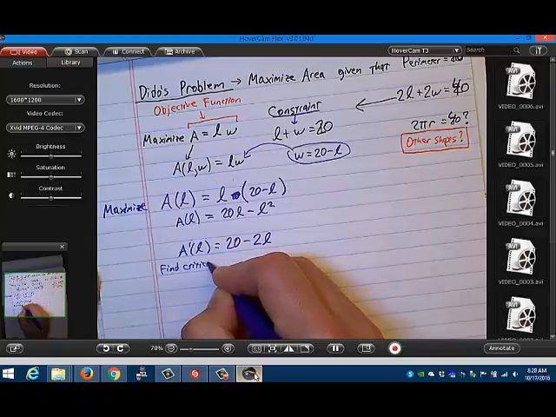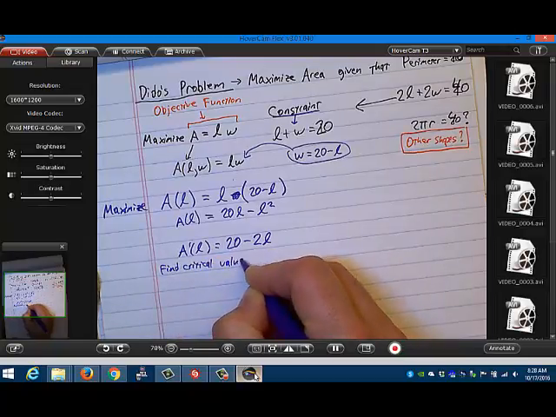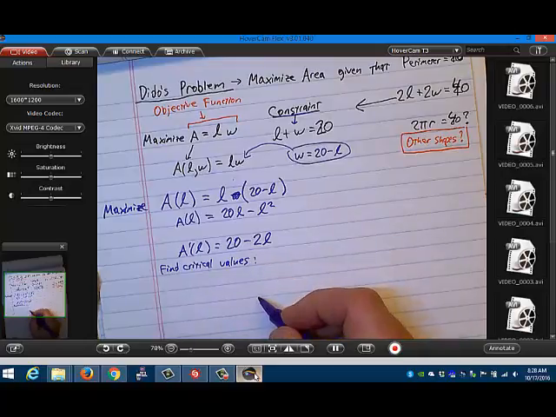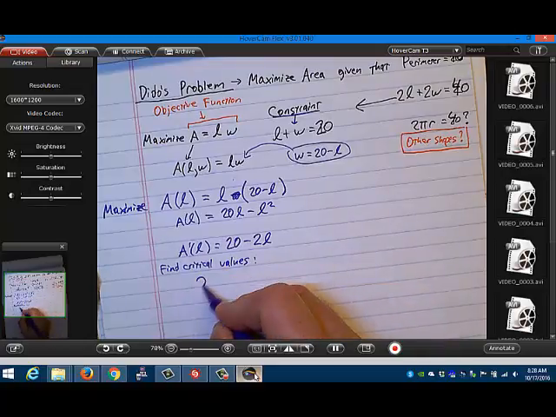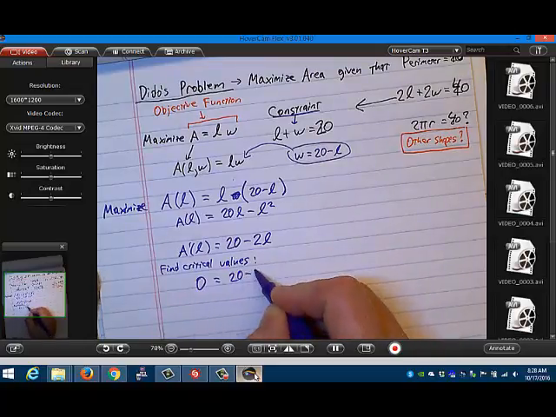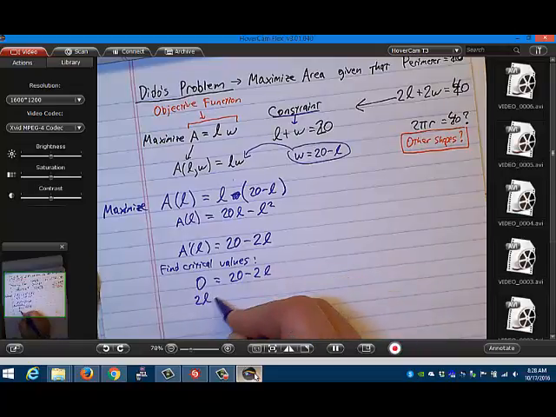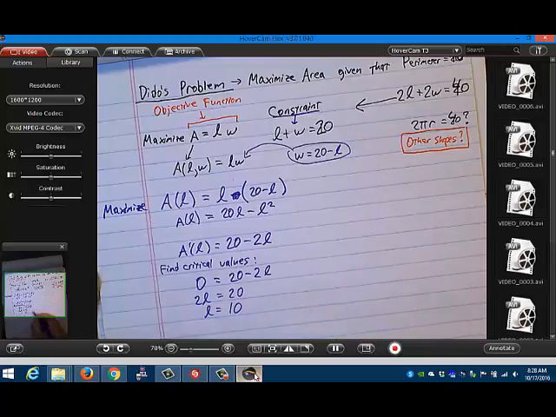So I set the derivative equal to 0. And sure enough, 2L is 20, so L is 10. Which is exactly what we said should happen, right? So L equals 10.